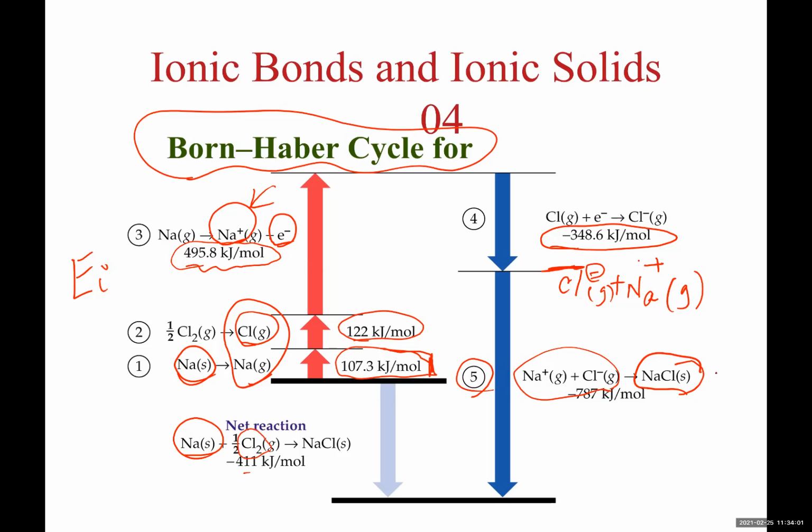So we can look up the energy released when solid sodium chloride is formed from the reaction of gaseous sodium ion and gaseous chloride ion, and that's called lattice energy. Again, coming from a table.